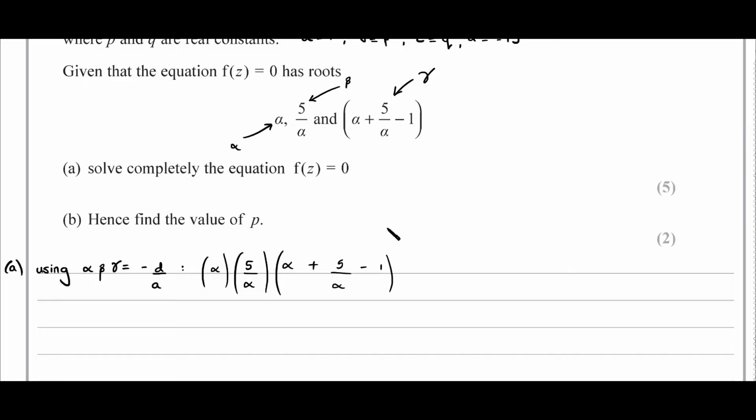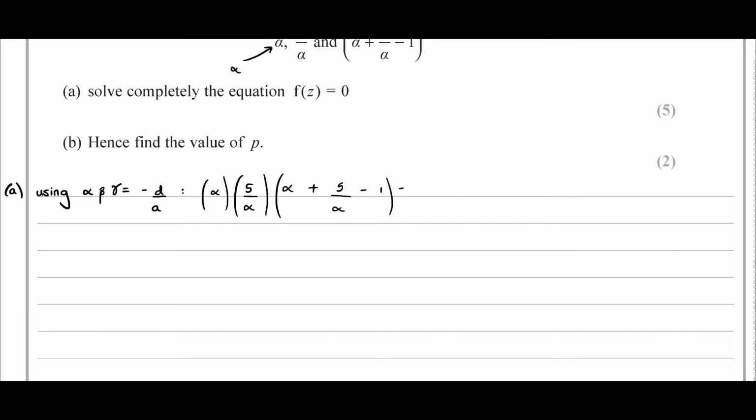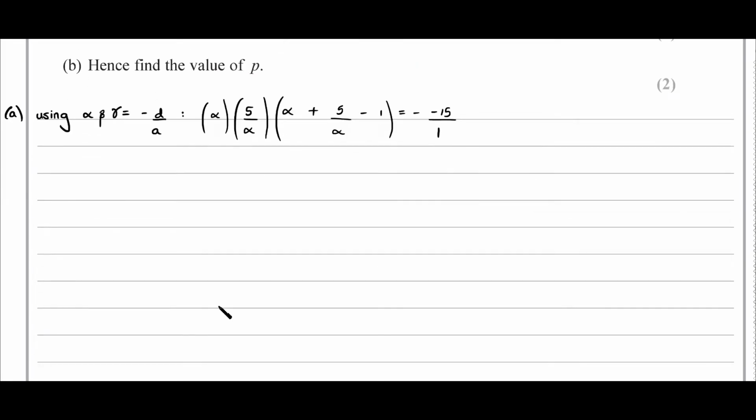And this is equal to minus d over a, so we have minus 15 over 1. And now, simplifying all this, you will first of all notice the alphas over here cancel, and the minus and a minus give a plus.